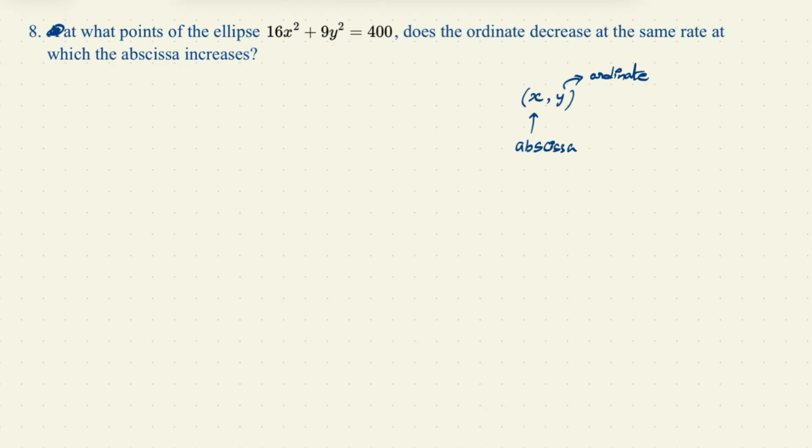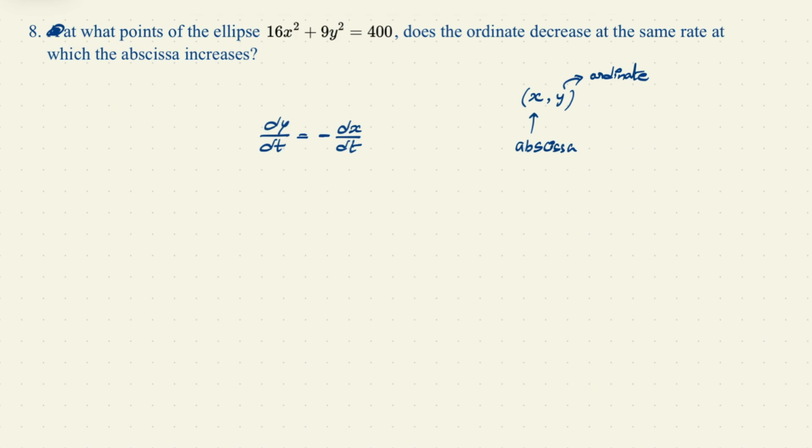So here the rate of change of ordinate is dy over dt, and the question is saying that it is decreasing. That means there should be a minus here, and at which rate? At the same rate at which the abscissa increases. So the rate of change of abscissa is dx over dt. So this is the information that the question has given, that is dy over dt equals minus dx over dt.